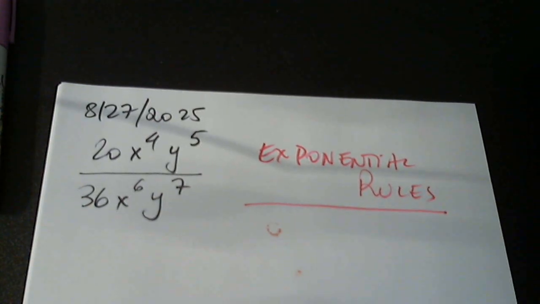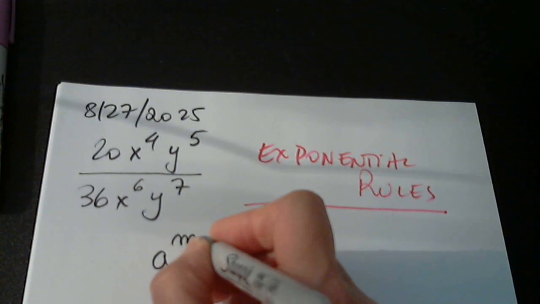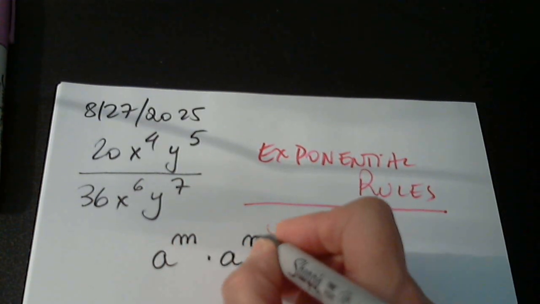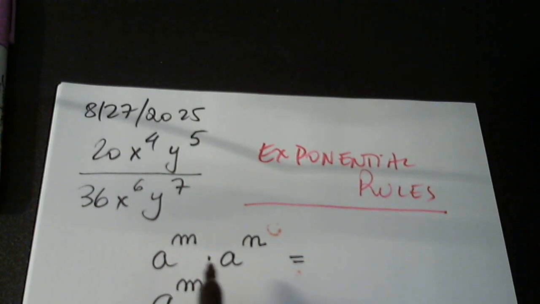Exponential rules. There are several that we need to review. So here they are. A to the power m times a to the power n. A to the power m over a to the power n. My m has 3 bubbles, my n has 2 bubbles if you want.